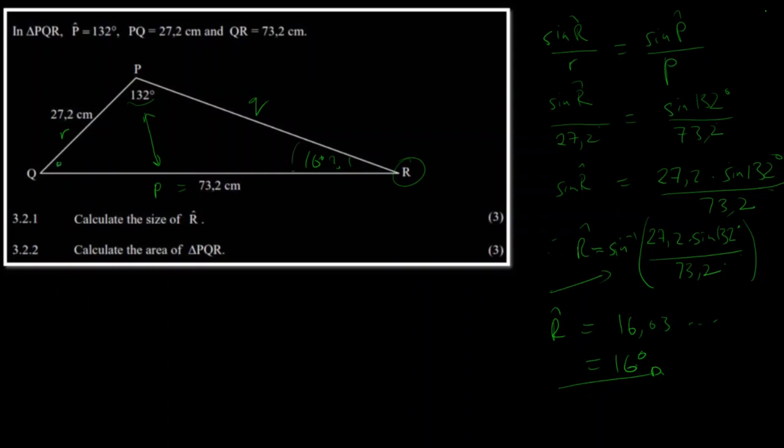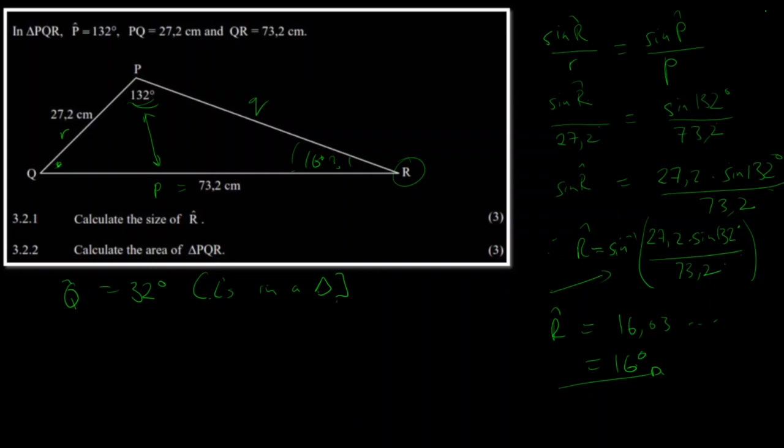However, if we happen to calculate angle Q, then we can use our existing sides without the need for calculating side Q or side PR, whichever you choose. So angle Q, basic calculation is just 180 minus 132 plus 16 degrees in brackets, and that'll render angle Q to be 32 degrees. Remember, this is going to be angles in a triangle.